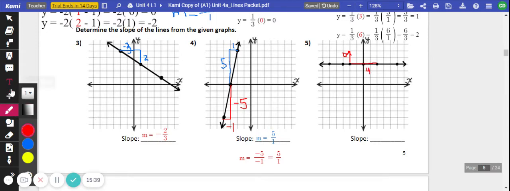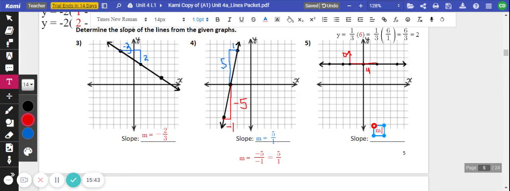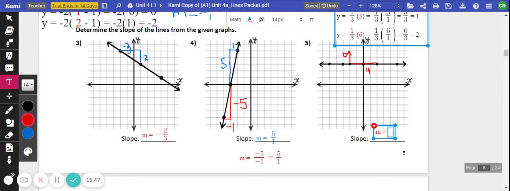And what this would be is a slope of, my change in my y values was 0 over 4, which is just 0.